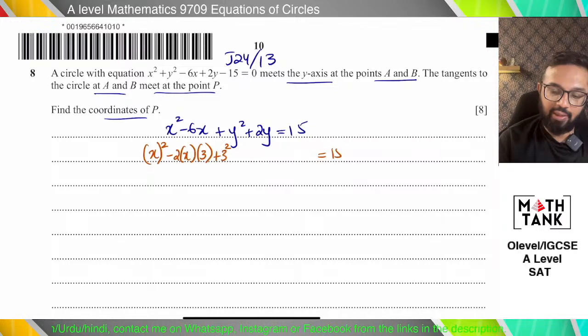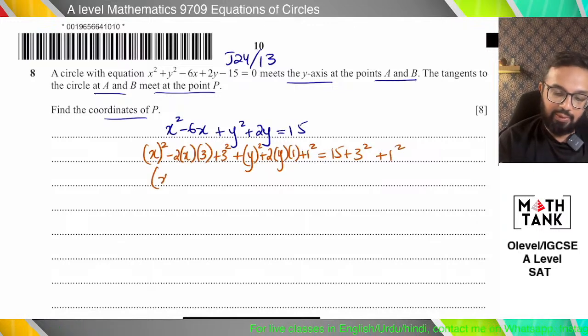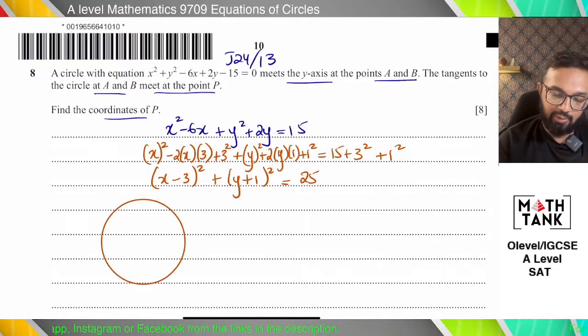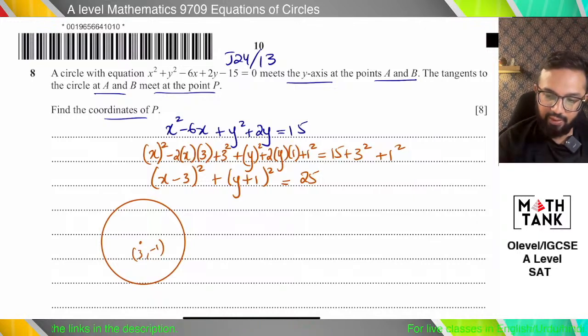On the other side, I also have 15 plus 3². 2y times 1 plus 1², so 1² on the other side. So (x − 3)² + (y + 1)² = 15 + 10, which is 25. So I have the circle. This circle is basically at (3, −1) with a radius of 5.